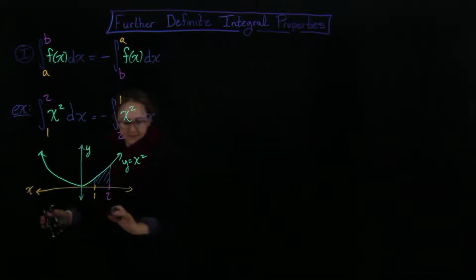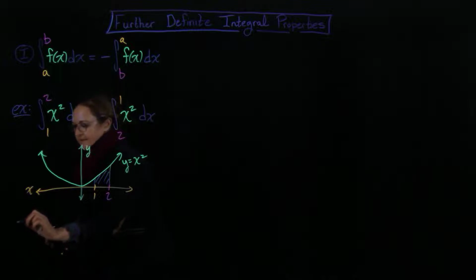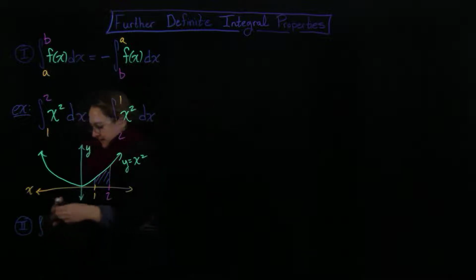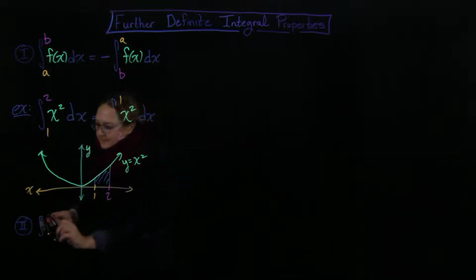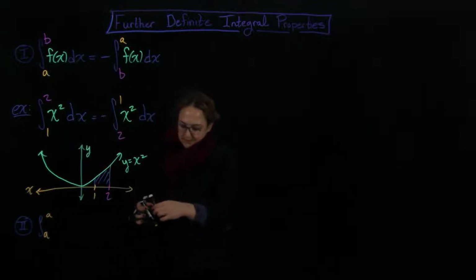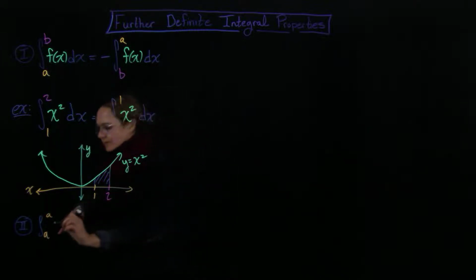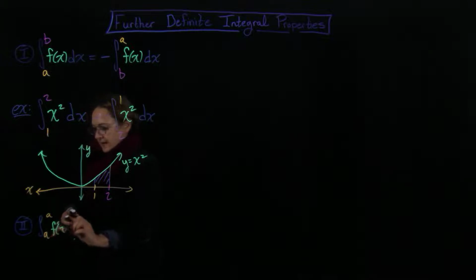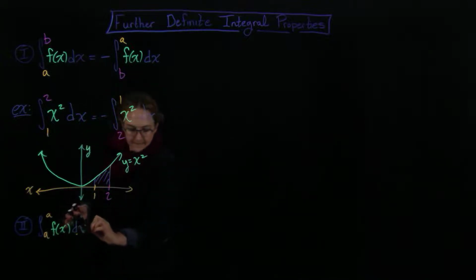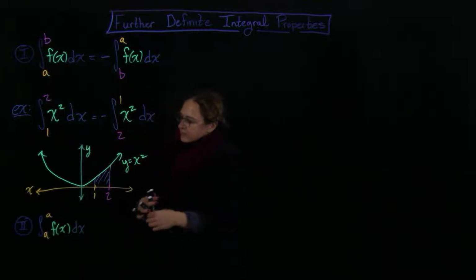So here's another property, and we're going to use the same example because you can look at it on there. If I want to take the integral from a to a, so the bounds are the same, for some f of x dx, then this is actually going to equal 0.